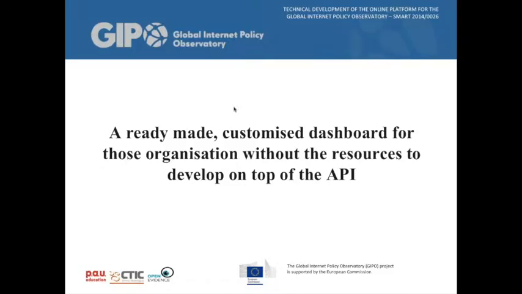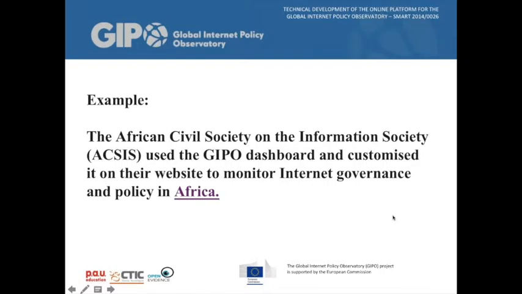It's not very well developed, but still, it's already an example of how you can customize it to the needs of the partner. So you can have a ready-made customized dashboard without the need of using the resources of a very experienced developer, and you can build on top of the API as well.